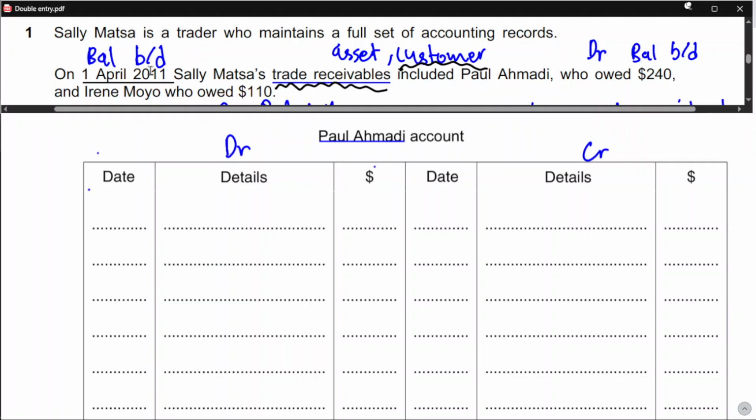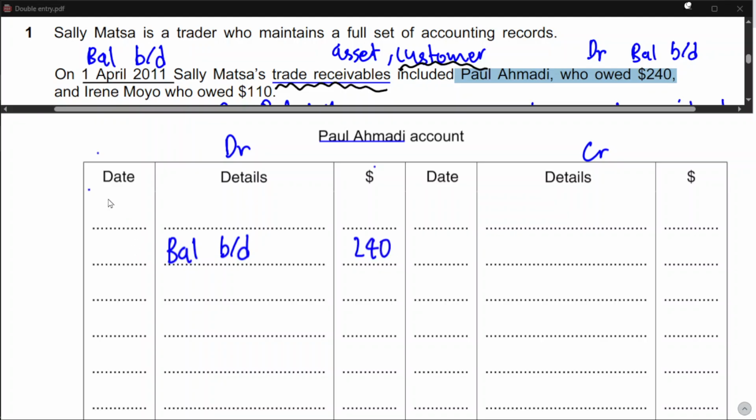So see here he say Paul debit balance BD. Paul debit. So here you say balance BD by 240. The date will be 2011 April 1.